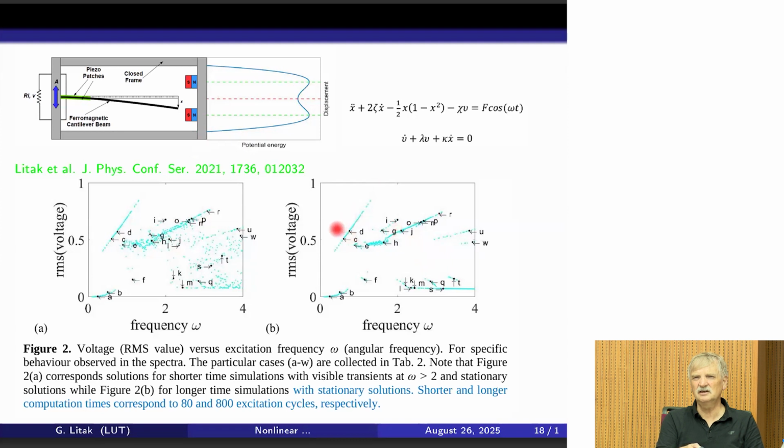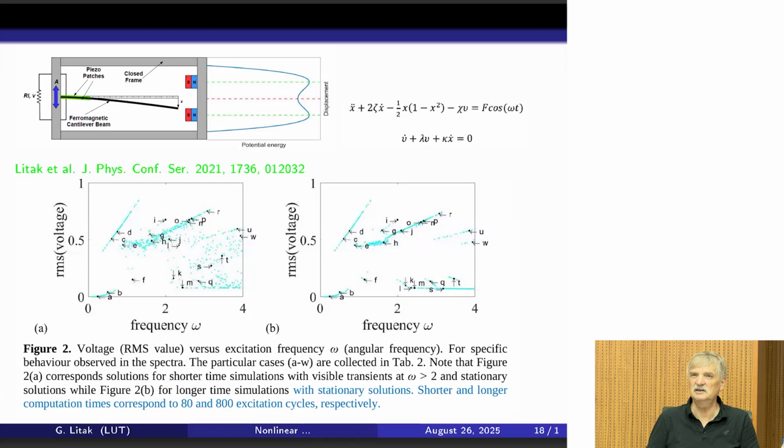The one branch is a response with the same frequency as the leading frequency, like the excitation frequency, and of course this is a large displacement or large amplitude response. So you also have some manifestation of nonlinearity. The response is more complex, and this is not exactly harmonic. Yeah, so there are some other harmonics.